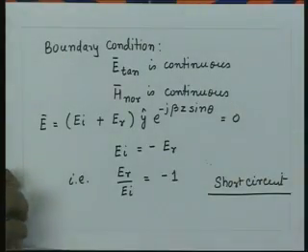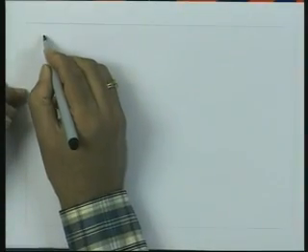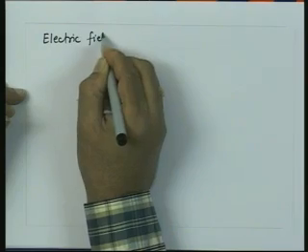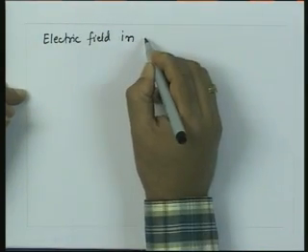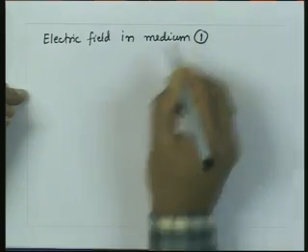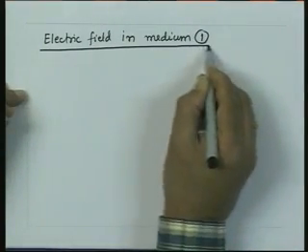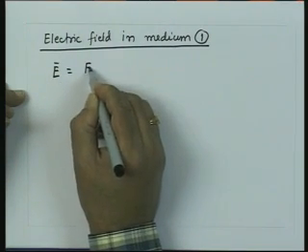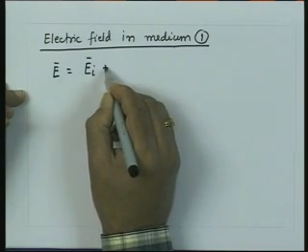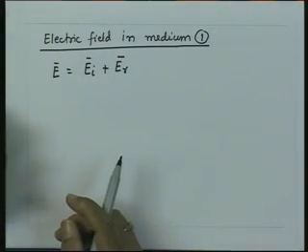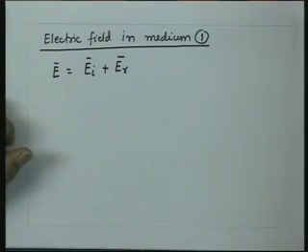So, with this condition, then we can get now the electric field in medium 1, which is, so E is equal to EI plus ER, and now we are doing it at any arbitrary point in space.